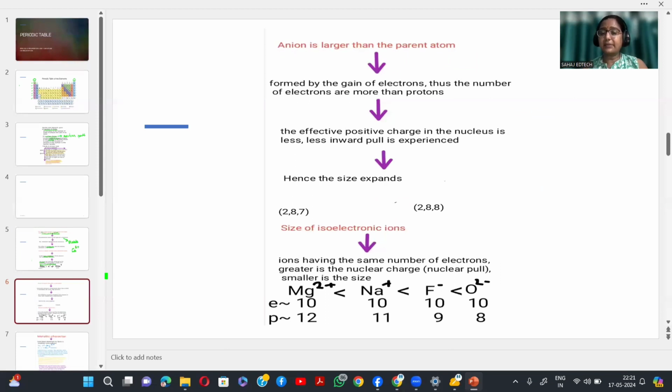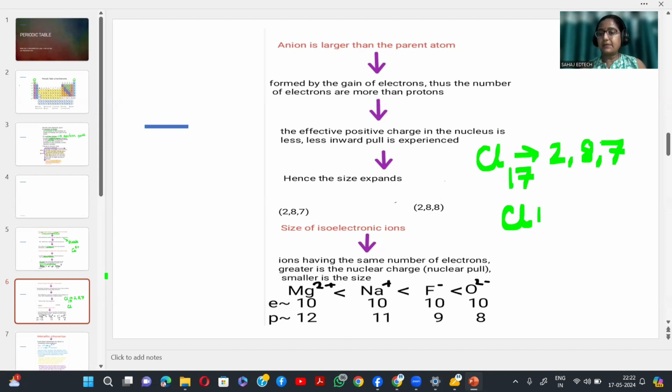Then you see, an anion is larger than the parent atom. Now, how are the anions formed? They are formed by the gain of electrons. For example, chlorine. Atomic number is 17. What is the electronic configuration? 2, 8, and 7. So, how will chlorine become stable?